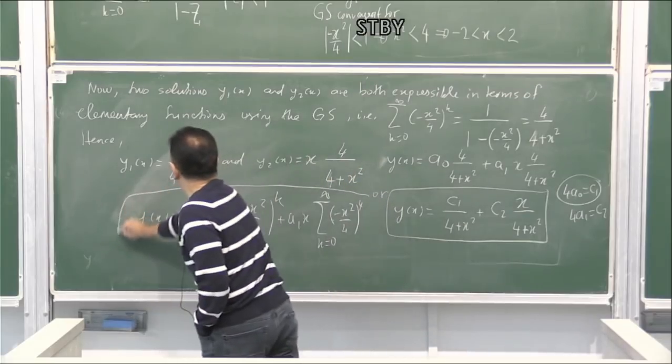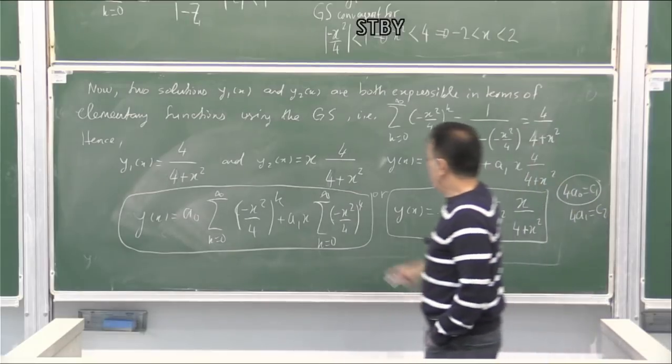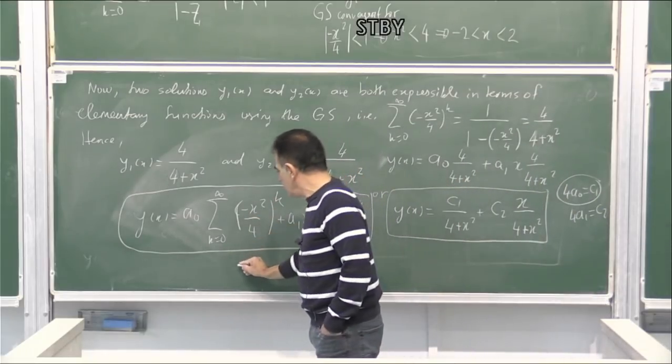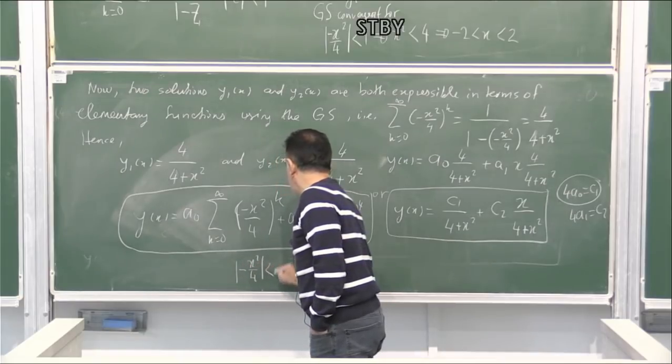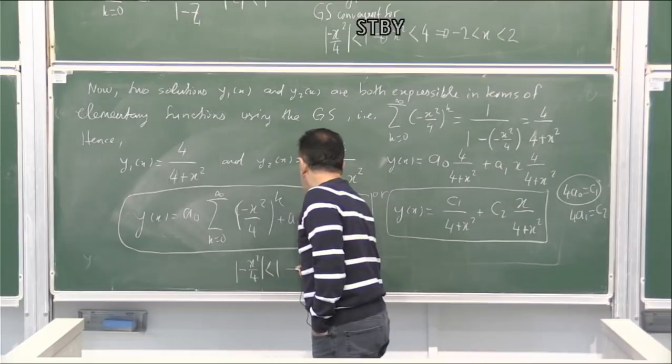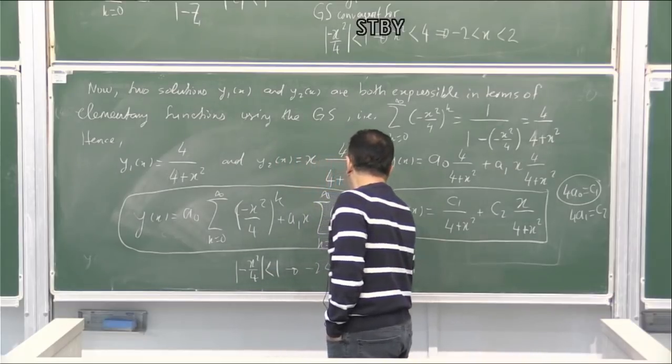Good? These are similar. If you write this as a power series, we know that these are convergent for x between minus 2 and 2.